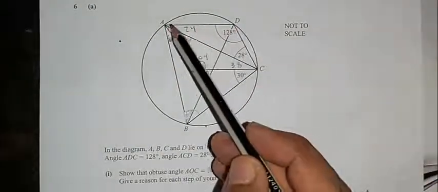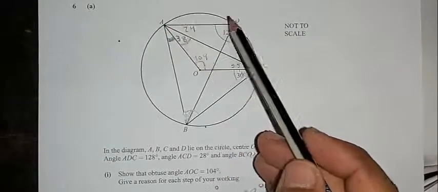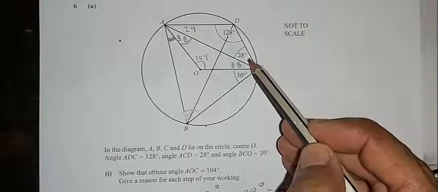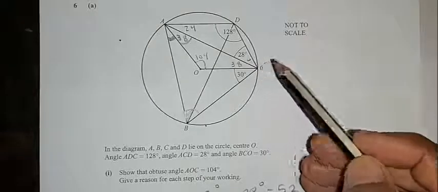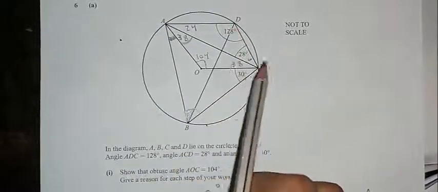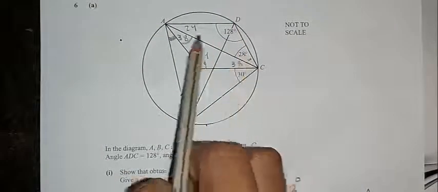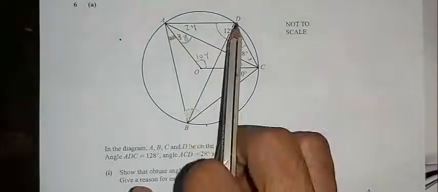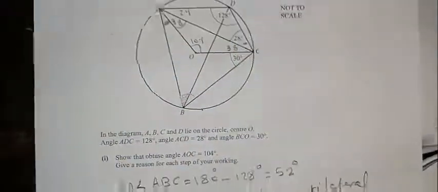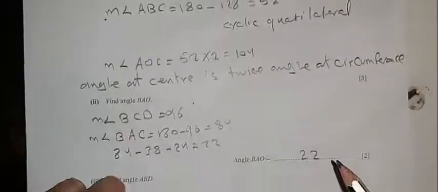And the same chord subtends another angle at circumference, this angle ACD, which is 28. So ABD equals ACD, which is 28.